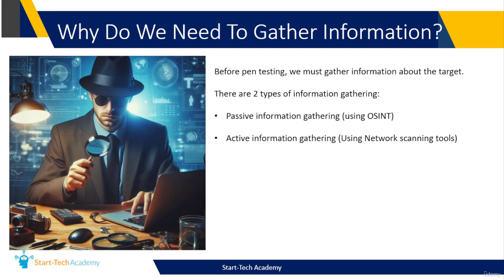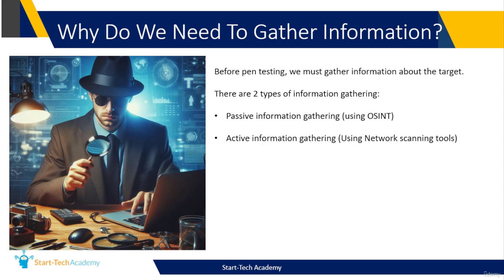Now remember, before penetration testing, you must have two types of information that must be gathered. One is passive information gathering using OSINT, and the other is active information gathering, that is using network scanning tools. We will be gathering information passively without getting up from our chair.